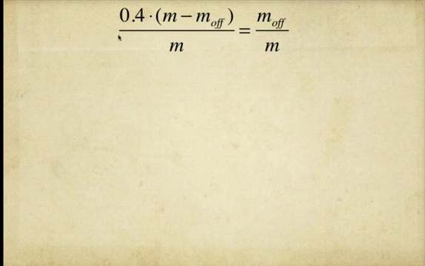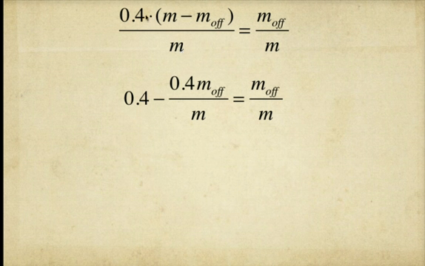So then, Russian math for you. I'm opening the parentheses, redistributing, and that part right here, 0.4 times m over m gives me just 0.4. On the other hand, negative 0.4 times mass off over m, that's what that turns into. This times mass off with a negative in front over m, that's my second part.